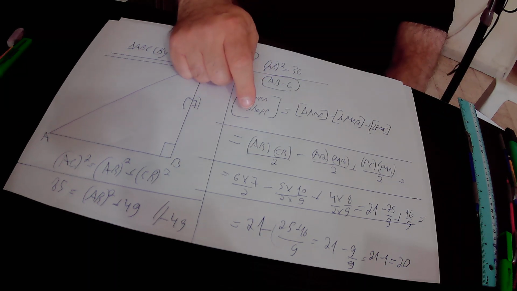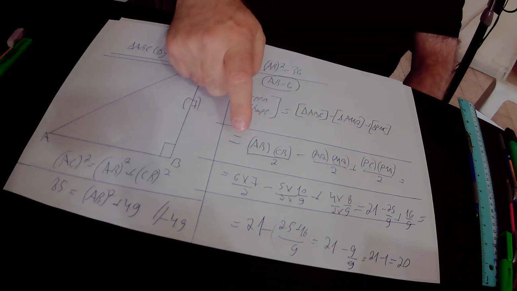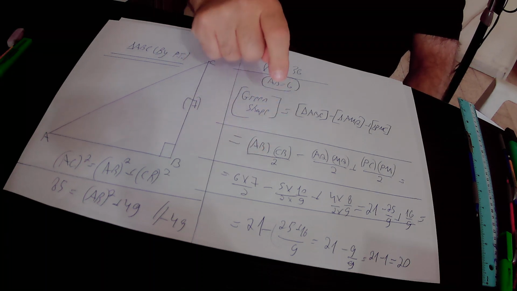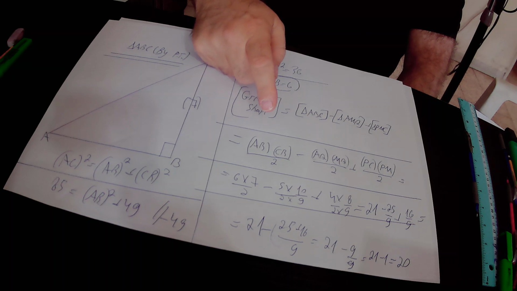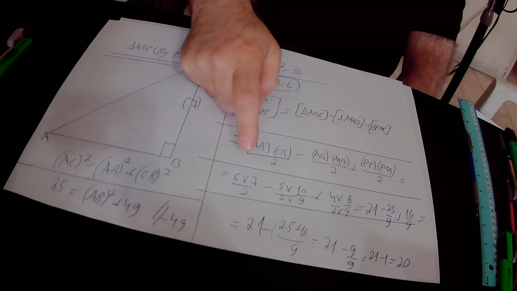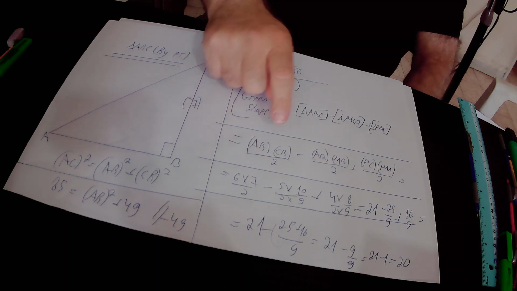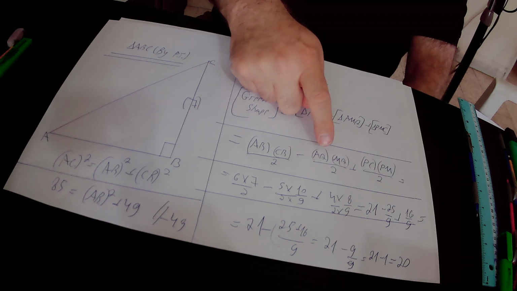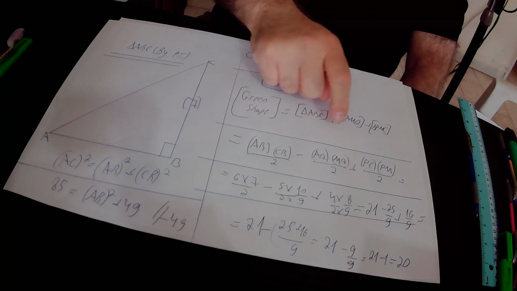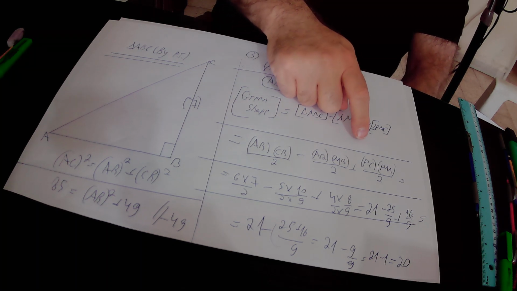So the area of the green shape equals AB 6 times CB 7 over 2, minus the area of the right triangle AMQ. AQ is 5, MQ is 10 over 9, divided by 2, plus the area of the small green triangle PMC.